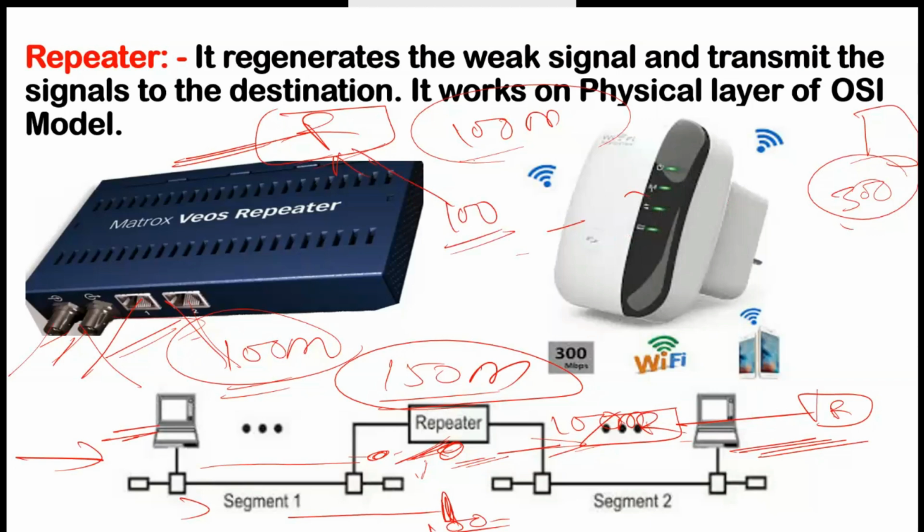Some attenuation will be there, because when the range is extended, the signal will be regenerated, that's okay, but attenuation will be there also. So we can say from this 100 meter it will be around 90 to 85, that will be the difference, and not more than that. Right? So is that clear?